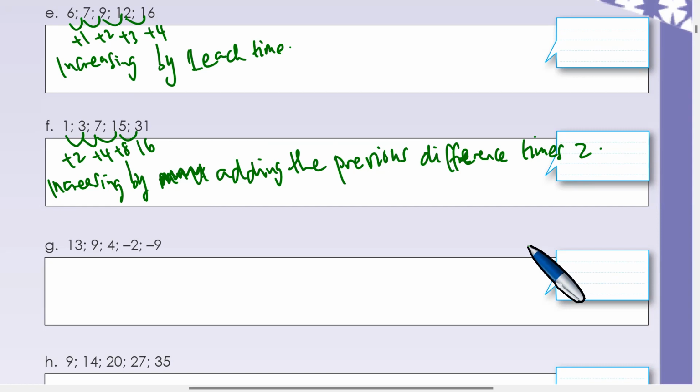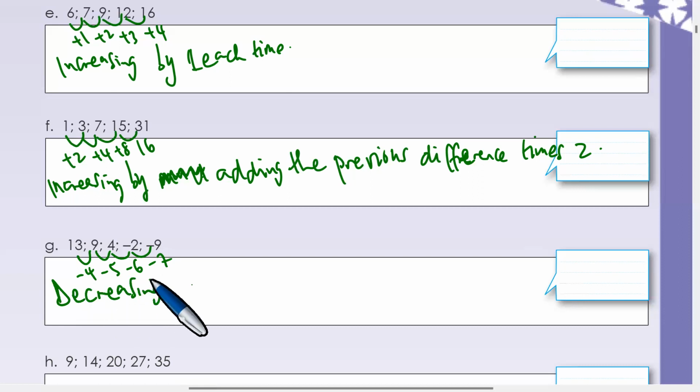Yeah, between 13 and 9 is a decrease by 4. Okay, between 9 and 4 is a decrease by what? 5. Okay, so in other words, here 4 was subtracted. 5 was subtracted. 6 was subtracted. 7 was subtracted. So we are decreasing by subtracting.